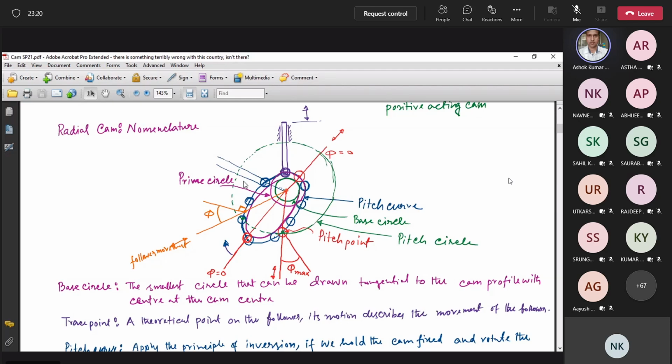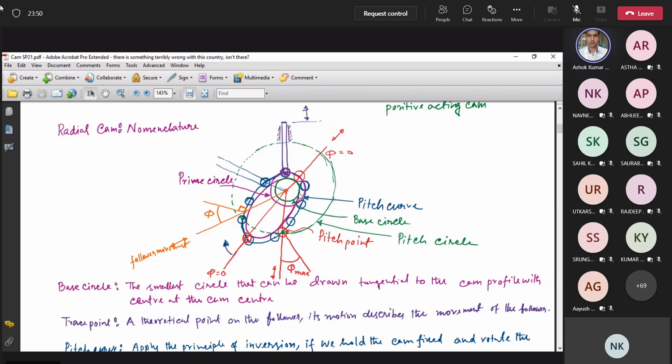That means when you rotate the cam in this direction, what will happen? This is the lowest position, but when you rotate it from this position to this position, the follower will not change its upward motion, because this part is just circular. The cam is rotating and passing through this point up to this point, and the follower will not have any motion.